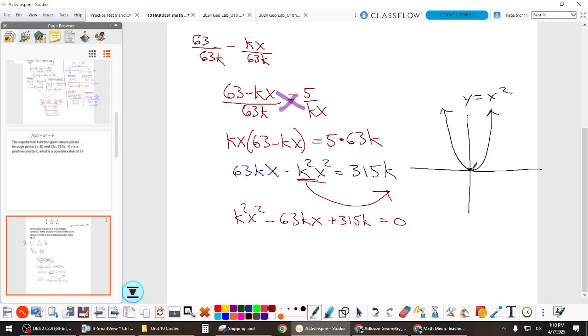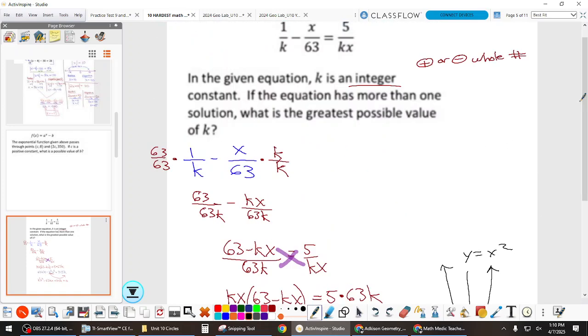First, just to get to this point is a lot, and then you got to understand what the question's asking. Does anybody even understand what it means by more than one solution? What's a solution when you're talking about quadratic graphs?